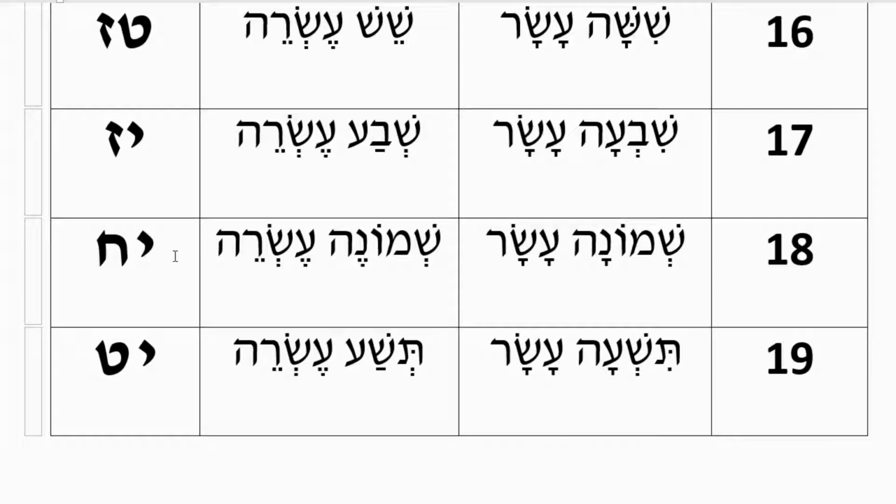The reason being is that the word chai, spelled chet yud, is life. And we're told in the Torah that we should choose life. So chet and yud spell out the word life.